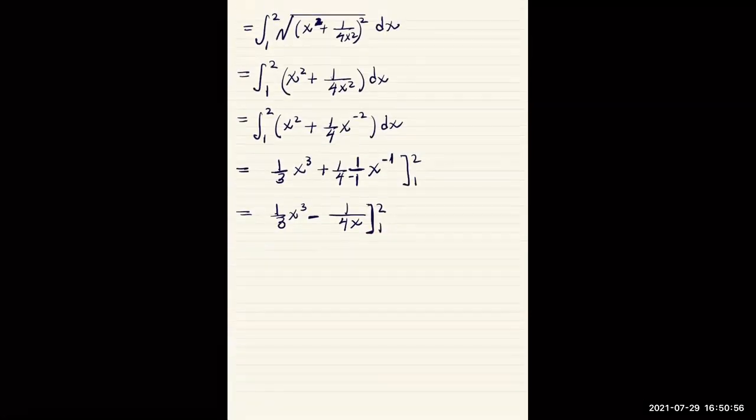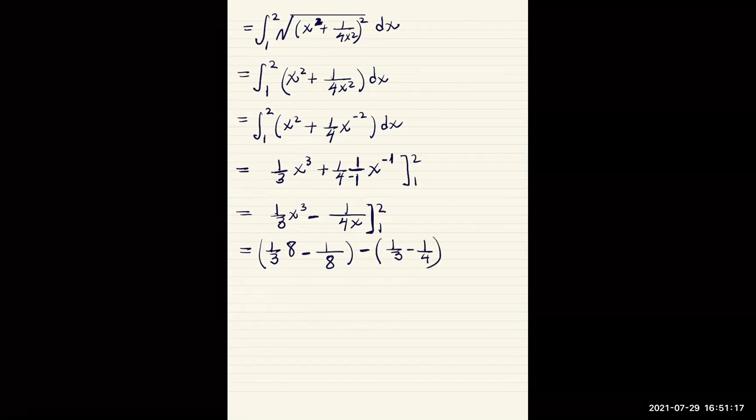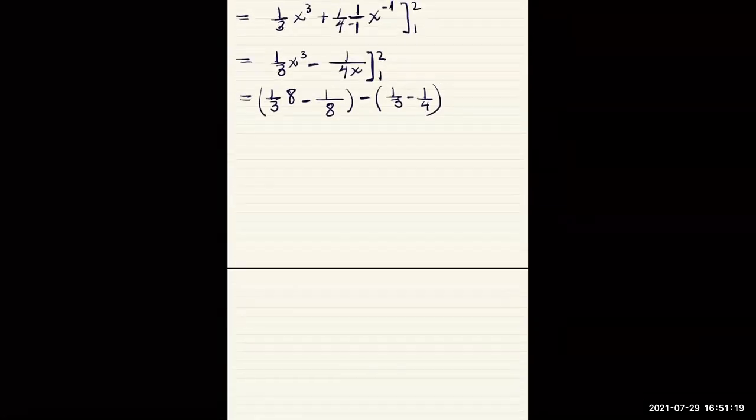Now plug in. Plug 2 in there, you get 8, minus plug 2 in there, you also get 8 down there. Minus, plug 1 in, we get 1/3. Plug 1 in, you get 1/4. And the rest is just arithmetic.